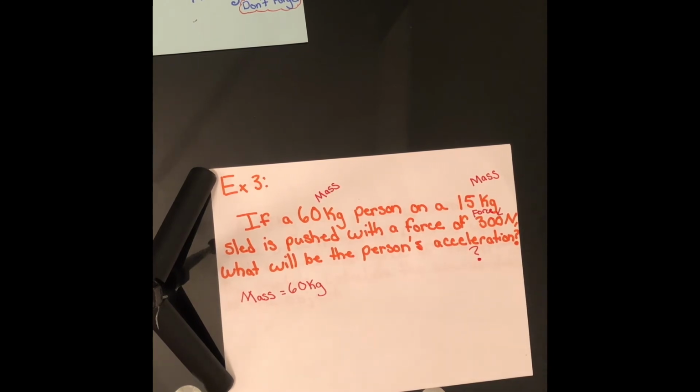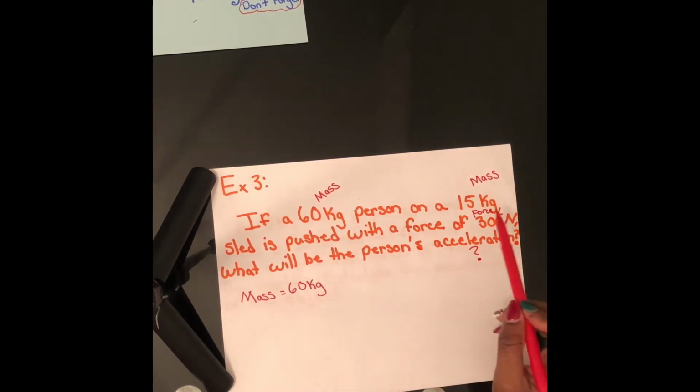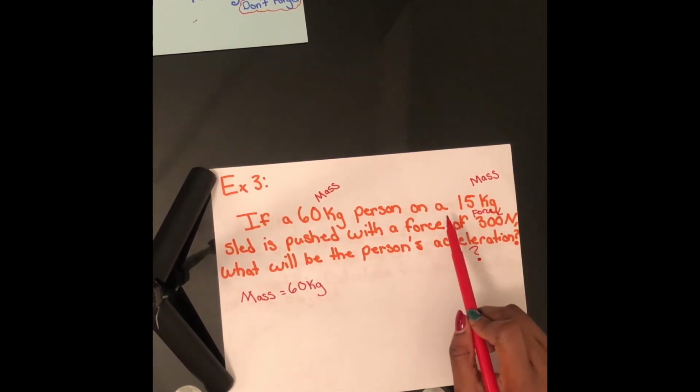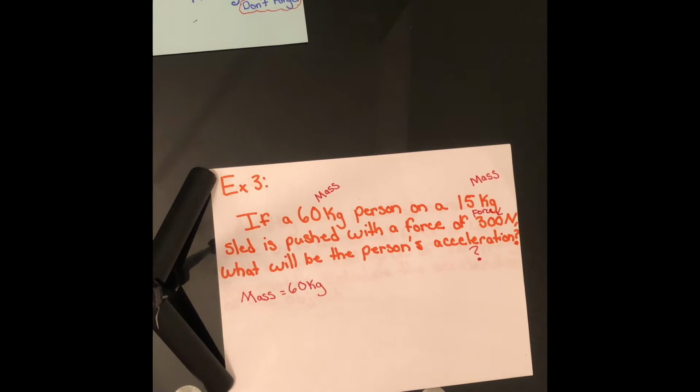So if I'm pushing a person who has a mass of 60 kilograms, they're also sitting on a sled that has a mass of 15 kilograms. I'm going to be pushing both of them at the same time. So that means I need to combine them.